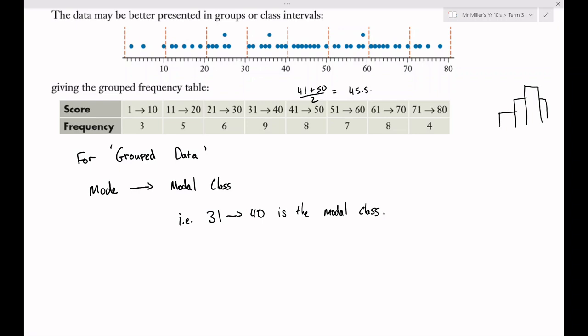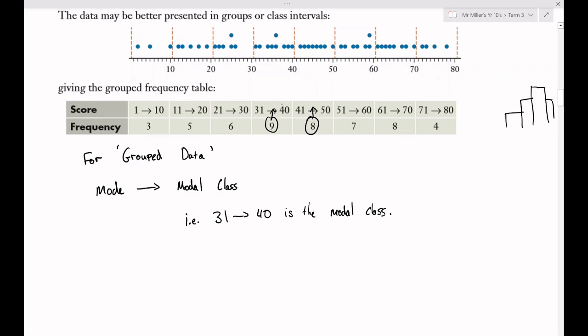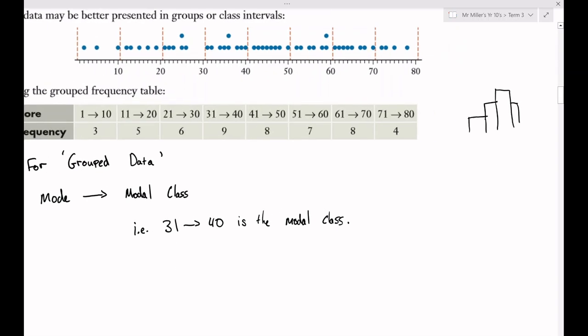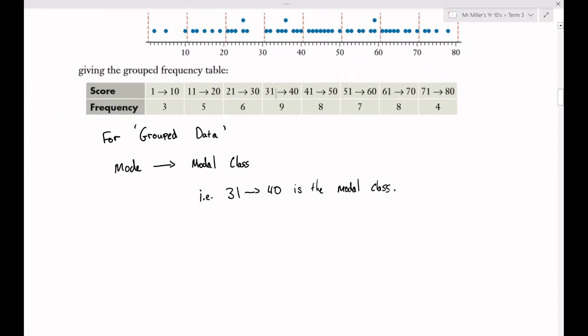And I would say this 8 times plus the midpoint of this one 7 times plus the midpoint of this one 8 times, and so on and so forth. So I would just assume that all 8 values in this interval were on the midpoint, and I'd assume all 9 values here were in the midpoint between 31 and 40, and so on. I'd be summing up the midpoints rather than trying to think about what specific numbers go inside the intervals, because I don't know, right? But anyways, moving on.